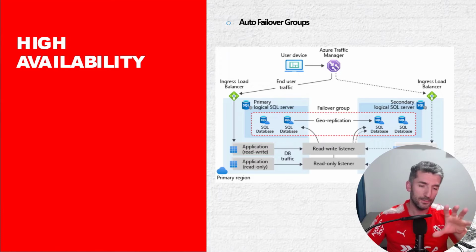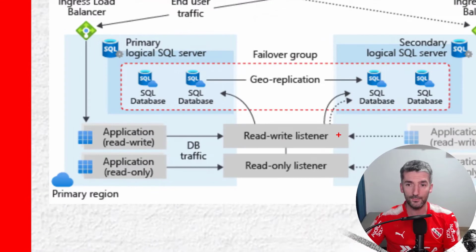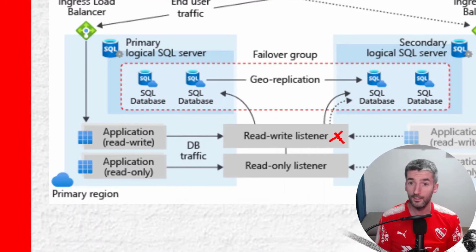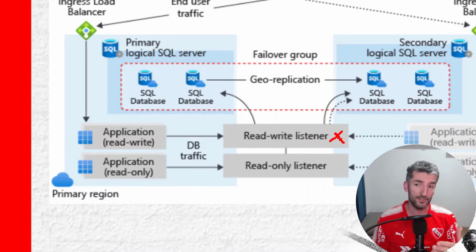We will see now some things that you need to consider for this particular feature, but the most important thing is that you will have to point your application to the read-write listener in case you are doing writes, not only reads. If you use your read-only listener, you will be automatically pointed to the secondary region because you are going to use the secondary instance.